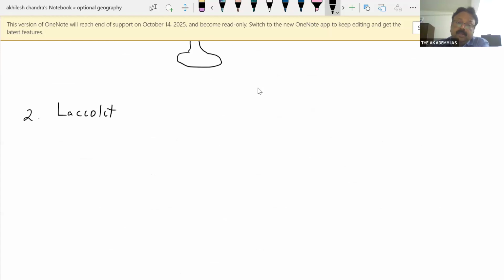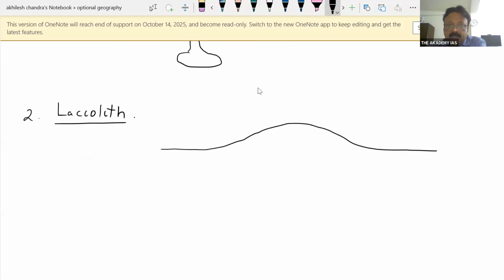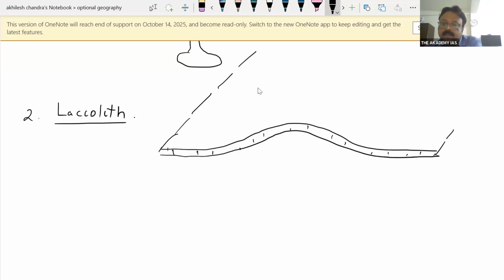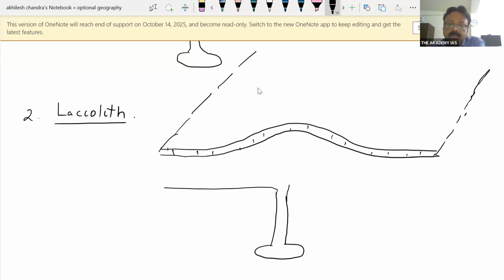Laccolith. Suppose that this is the rock, crustal rock, and this crustal rock get elevated like this. Okay, these are the crustal rocks. And this elevation is due to intrusion of magma. So this is the surface which looks like this. Right? This is the surface. But magma comes out. This is the magma chamber, and here magma comes out like this and gets solidified like this.